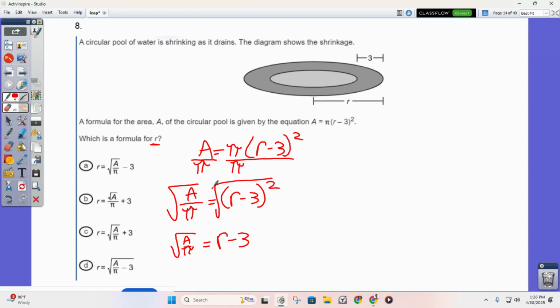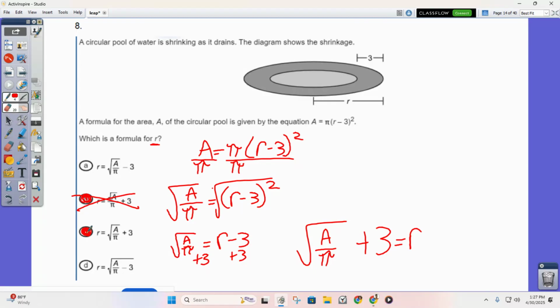When I take the square root, it cancels out that square, so I can remove those parentheses. My last step to get R alone, the opposite of subtracting 3, is to add 3 to both sides. So I get the square root of A divided by pi, plus 3, equals R, which is option, nope, not B, my bad, C, option C.